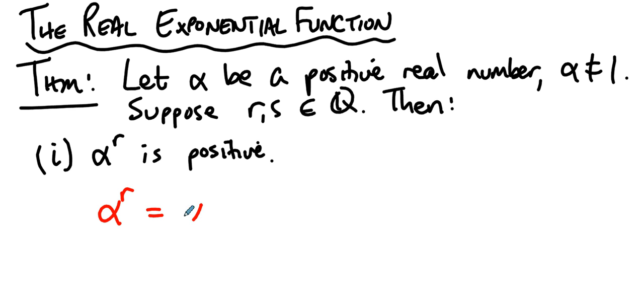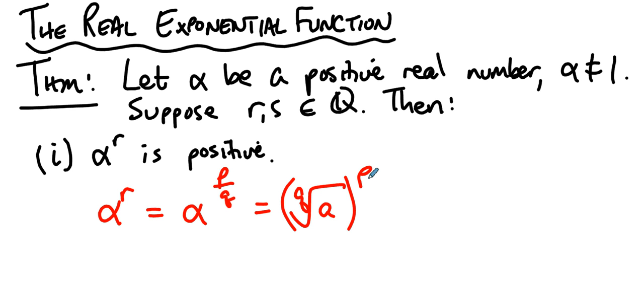Alpha to the R, well, R is rational. That's what that means. This has to be some positive number because alpha is positive and we're taking the qth root of it.